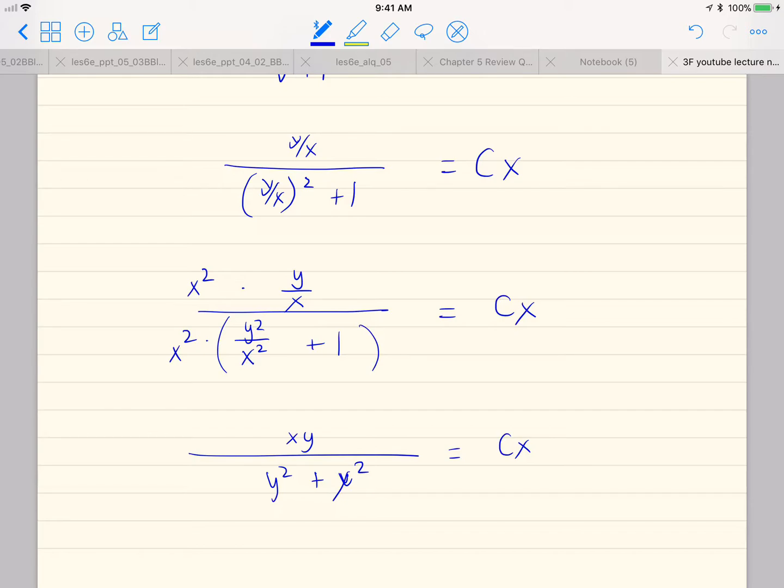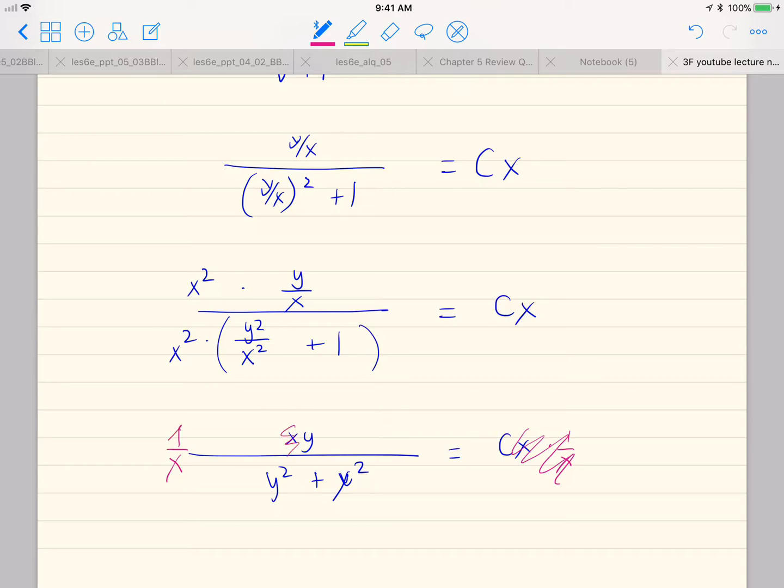And this is looking like we might actually have some more circles, because we can divide both sides by x, which is the same as multiplying by 1 over x. So the x and the 1 over x are going to cancel out.